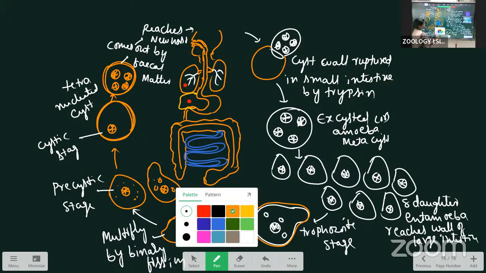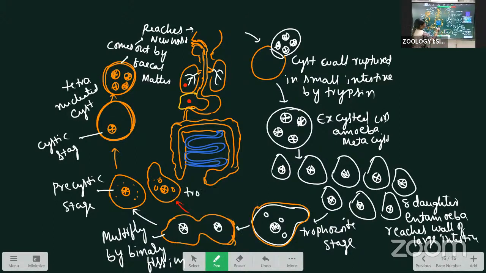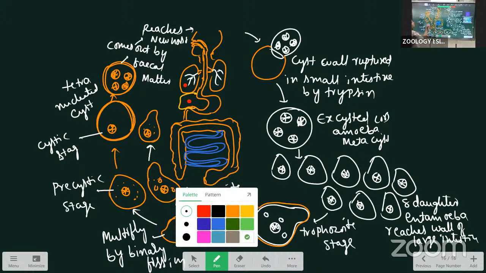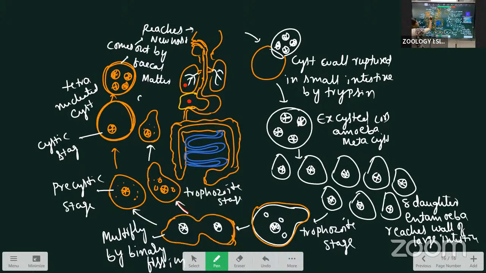Trophozoite stage. Liver abscess in extra-intestinal migration.